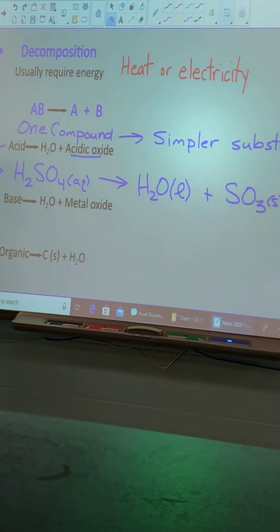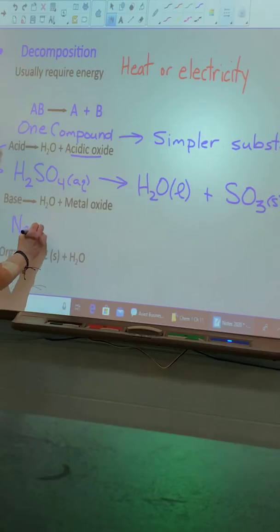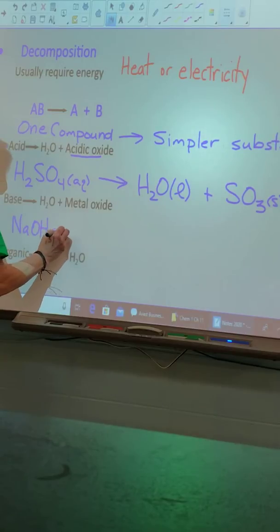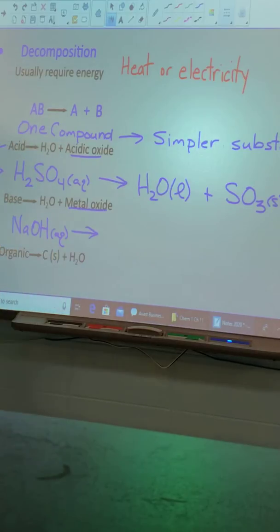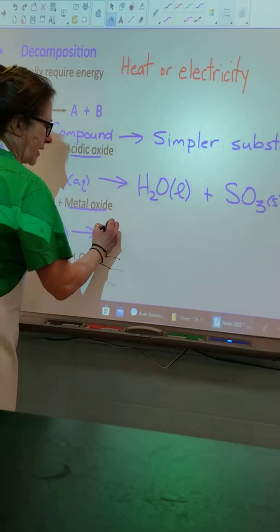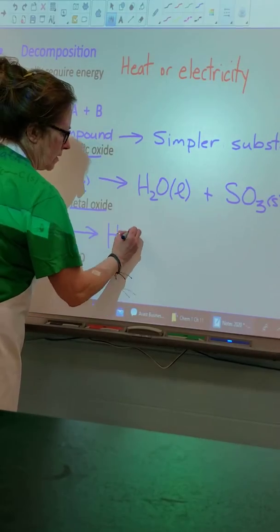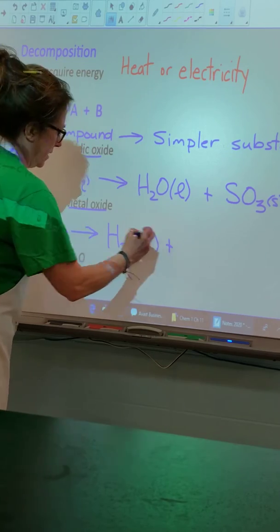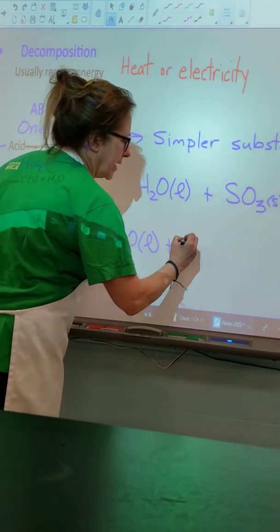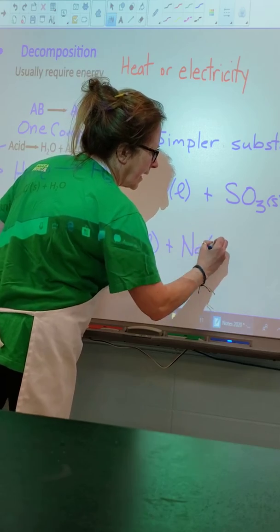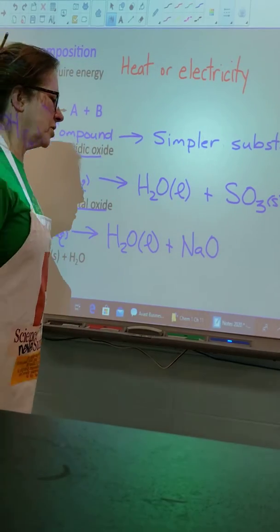All right, let's do the base. So we'll take our sodium hydroxide. When that decomposes, I get a metal oxide because metals like to make cations. This hydroxide, which is an anion, makes it the base. So I get water, which is the liquid, and a metal oxide. My metal is sodium. Oxide means it's bonded to oxygen.